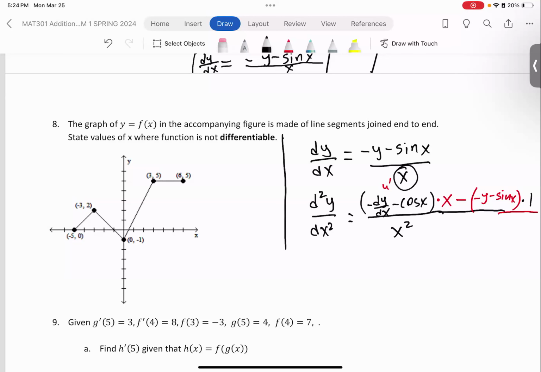Now, to just make that look scarier, technically, not necessarily you'll see something long like that on Wednesday, but the process itself is that dy dx will get replaced with this. We plug it in. And then you can clear all of the minuses and pluses to make it look more compact, right?